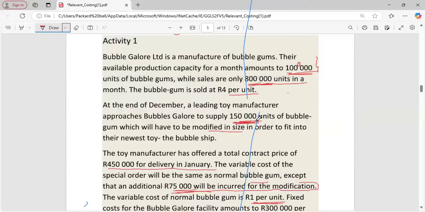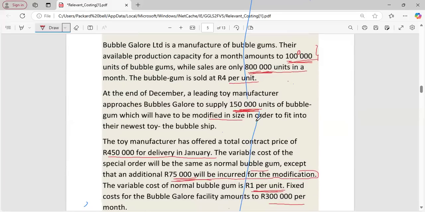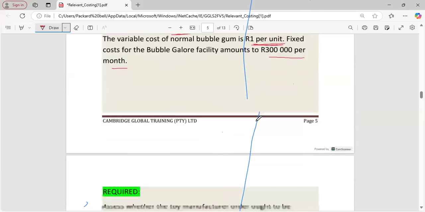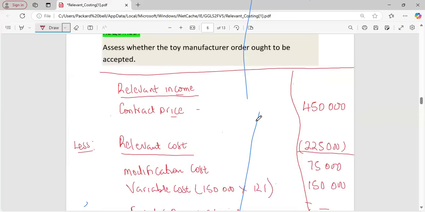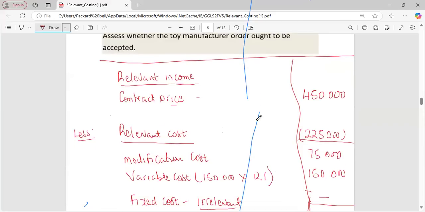So if we accept now, the profit will be added. Can you please just scroll down? Yes. You see, those costs there are the same as the profit.